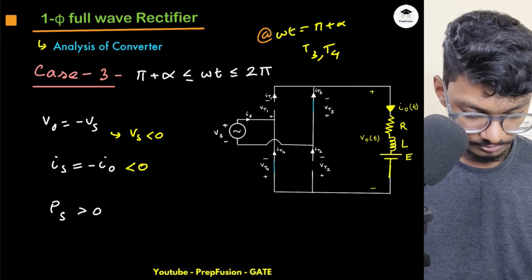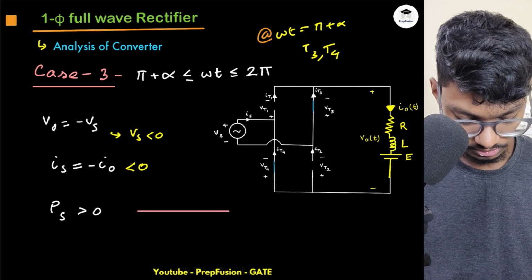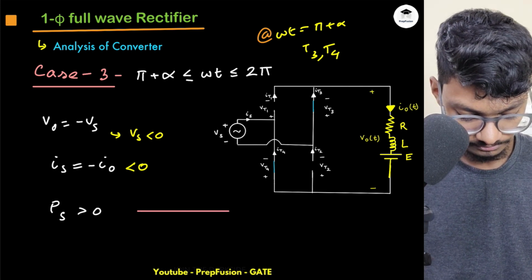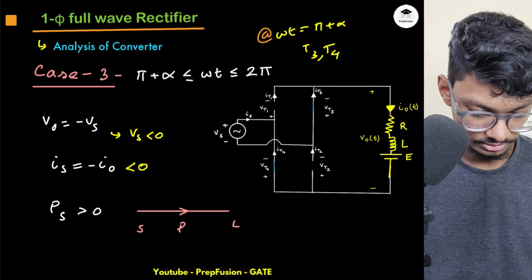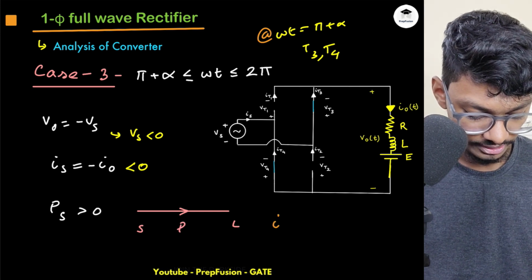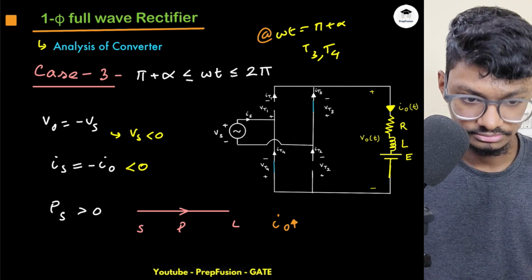Hence, obviously, power flows. What is the direction of power flow? Power flow is from source to load. As it is from source to load, obviously my inductor will get energized, so inductor current will be increasing.